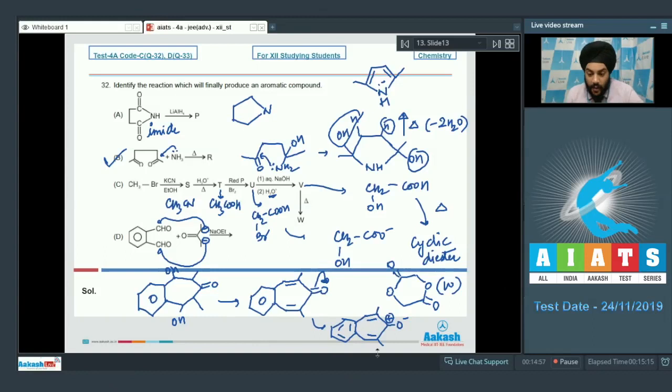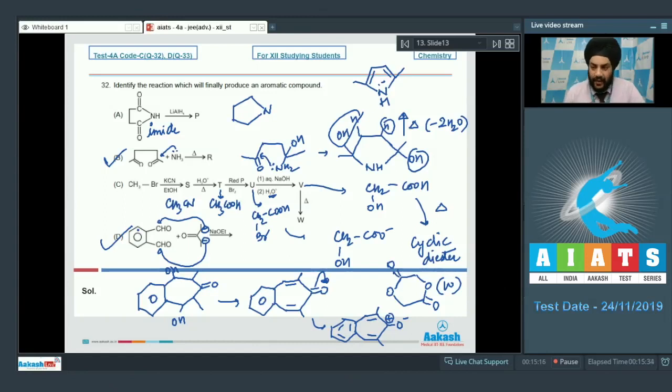Okay, so in this compound, both these given rings are aromatic. This is a 7-membered ring which also has 6 pi electrons in complete conjugation. Okay, students, in option D as well, there is the formation of an aromatic compound. So for question number 32, we have to mark the answer as option B and option D.